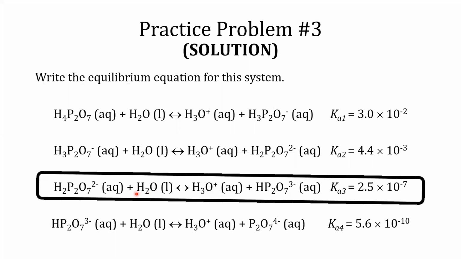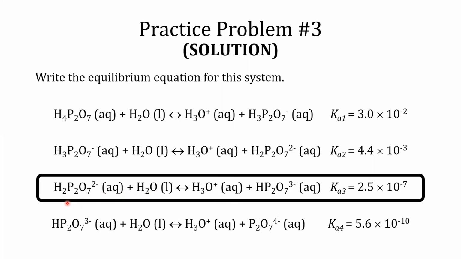The third ionization process is where dihydrogen diphosphate ion in liquid water partially ionizes to produce hydronium and hydrogen diphosphate ion, or HP2O7 3-. Ka3, or the third acid dissociating constant, is 2.5 times 10 to the minus 7.